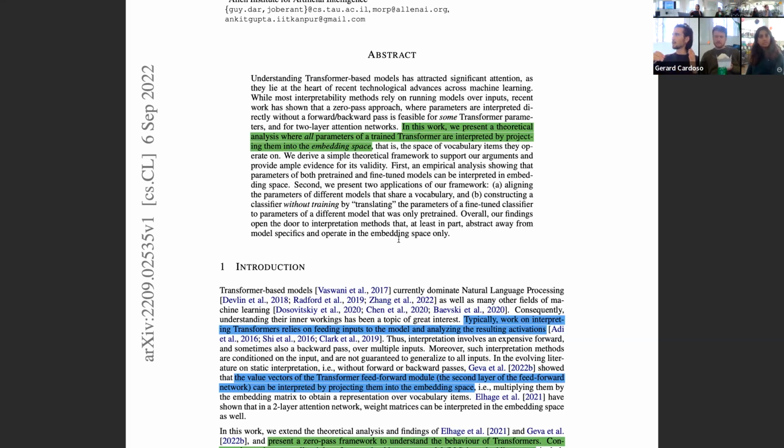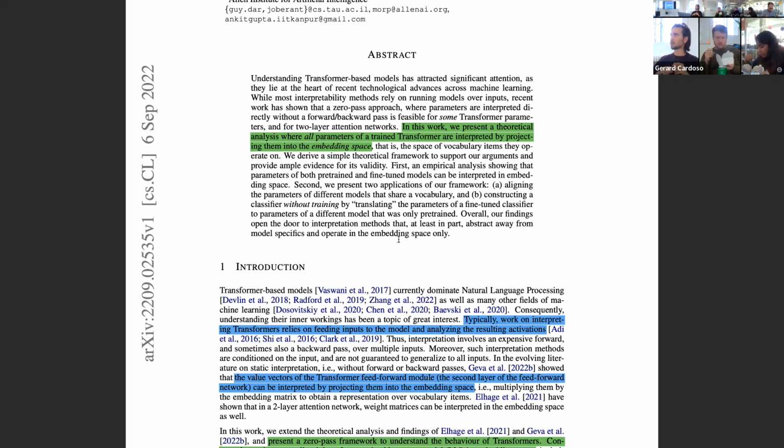First, you can interpret the parameters of the transformer models in an embedding space, which allows you to, for example, compare and align two different models that share the same vocabulary, to show that they're aligned, that there's stability in the learning, that they're not learning wildly different things.